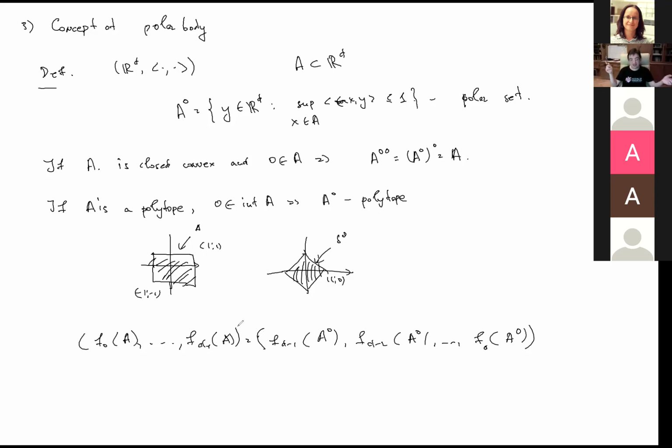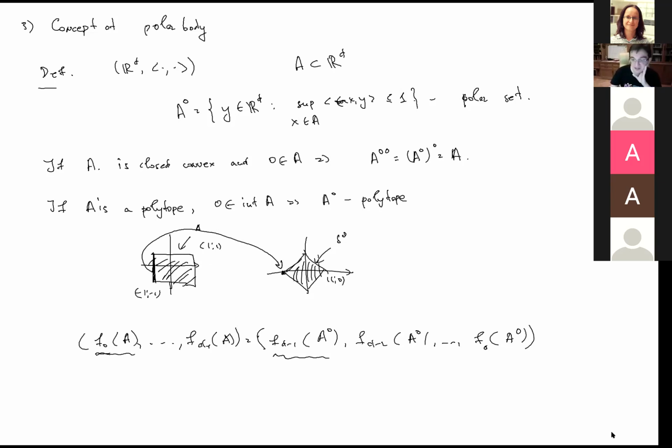So for example, there is a one-to-one correspondence between the number of vertices of A and the number of faces of full dimension of the polar set. And the same for all other dimensions. So on this picture, you see every vertex or every face of A corresponds to a vertex of the polar set and vice versa.